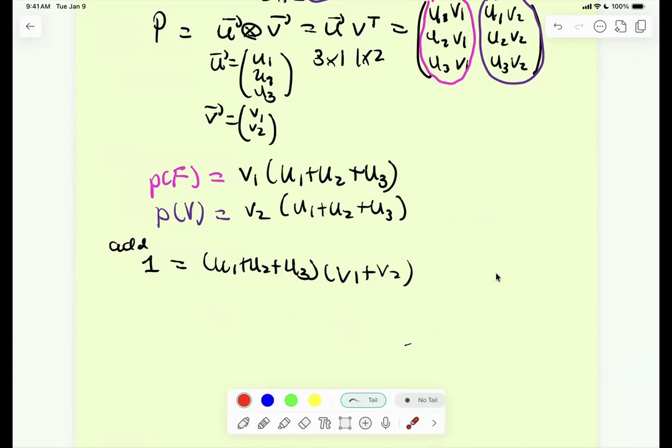You just rescale one vector by factor t and the other one by 1/t. And since you're just multiplying the entries, you don't see that difference. So there's always a minor non-uniqueness. It's not the end of the world, but it's still some sort of non-uniqueness in the decomposition.